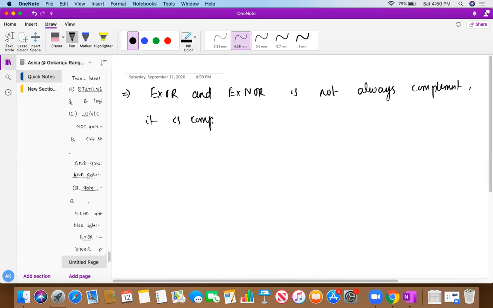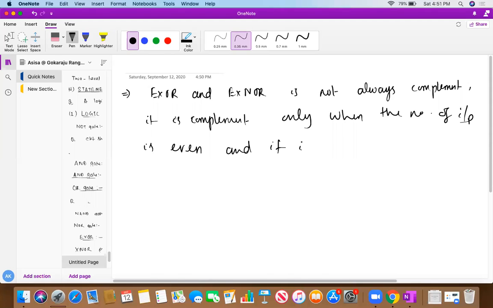It is complement only when the number of inputs is even. If the number of inputs is odd, the XOR and XNOR are the same. So what is the meaning of it?